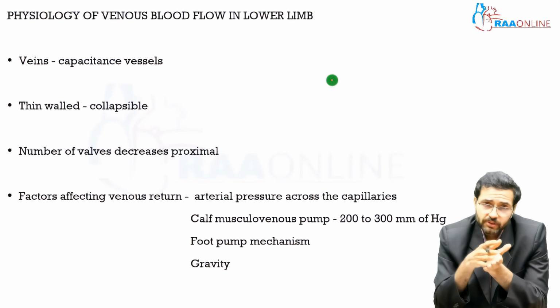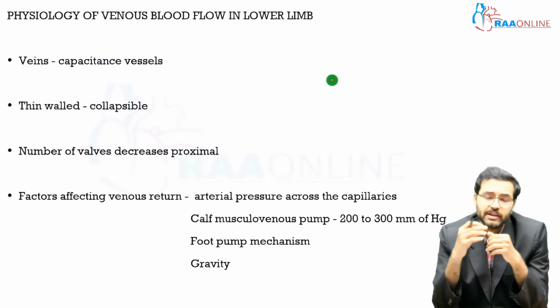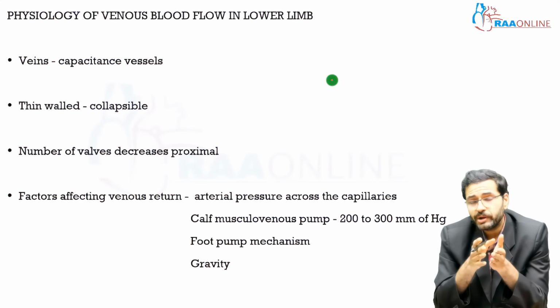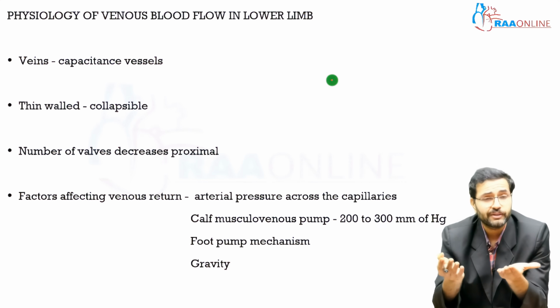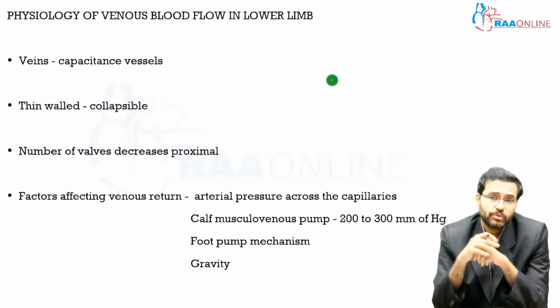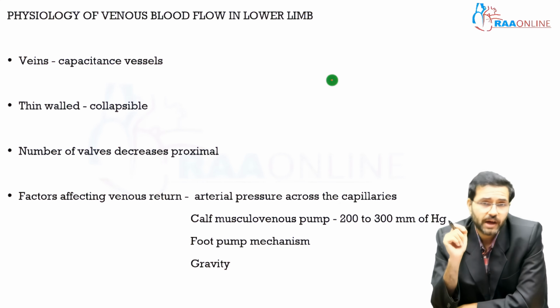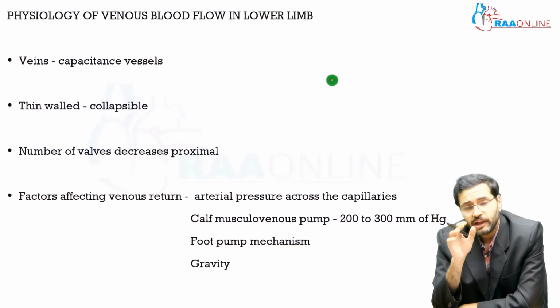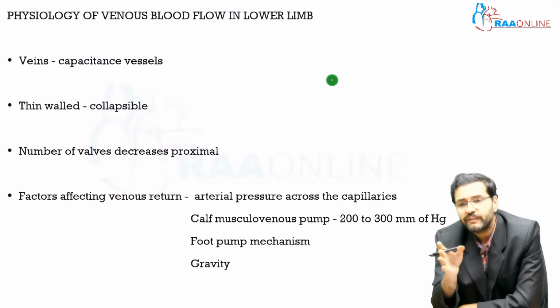So, because of this collapsible and distensible nature of veins, we find that the flow of blood within the vein is dependent upon a lot of factors outside the venous wall. The factors which affect venous return to the heart from the lower limb are, first, arterial pressure across the capillaries. In a capillary, there is an arteriolar end and a venule end, an arterial end and a venous end.